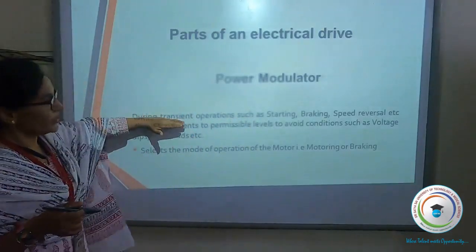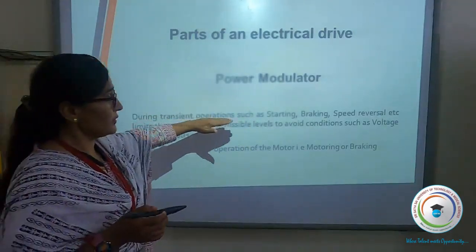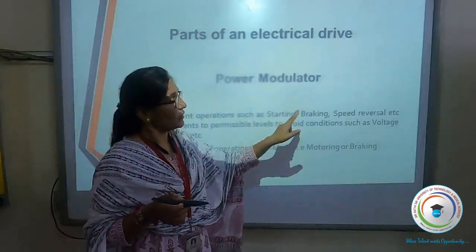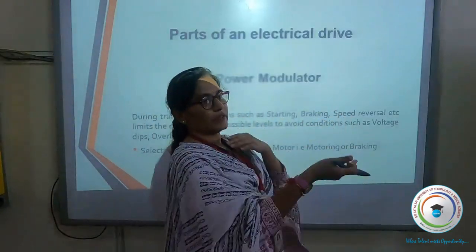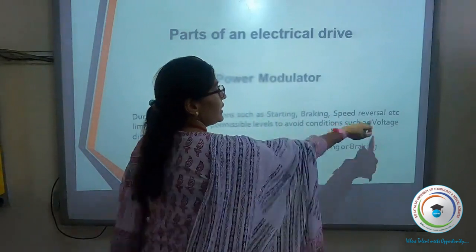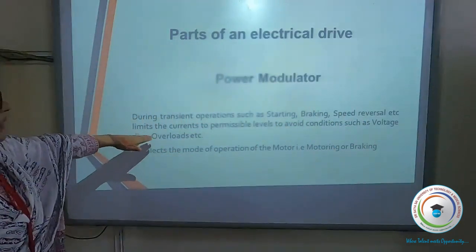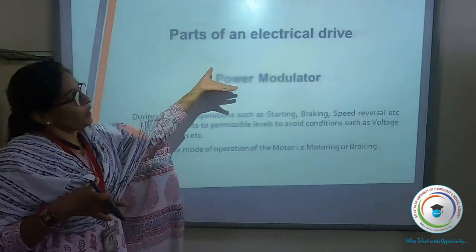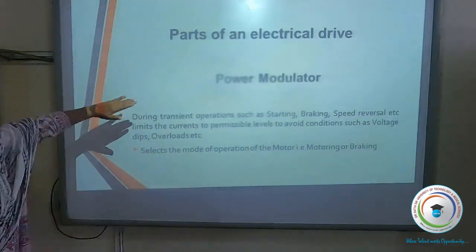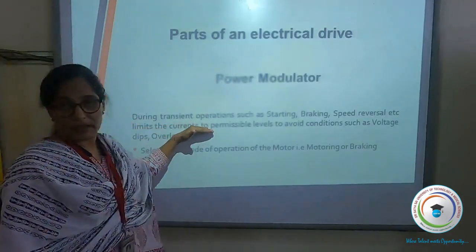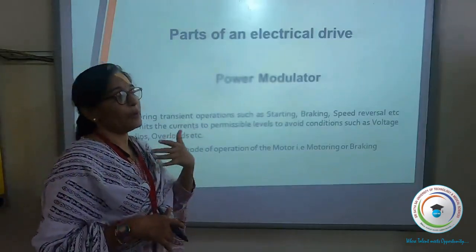So during those transient operations such as starting, braking, speed reversal, and so on, what will this power modulator do? This power modulator will limit the amount of current to the permissible value.